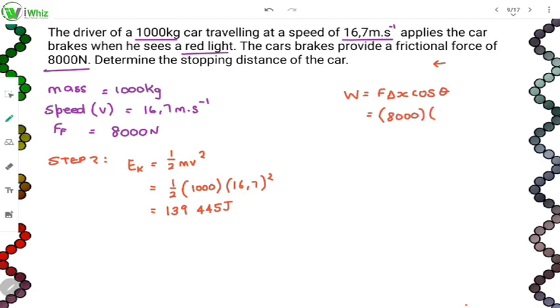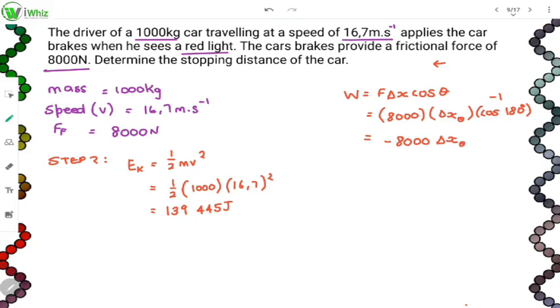Delta x, we are assuming to be delta x initial, and then we get cos of 180 degrees. So what am I left with? I know that cos of 180 is minus 1. So I'm left with minus 8,000 delta x initial. So we don't know what that delta x is.